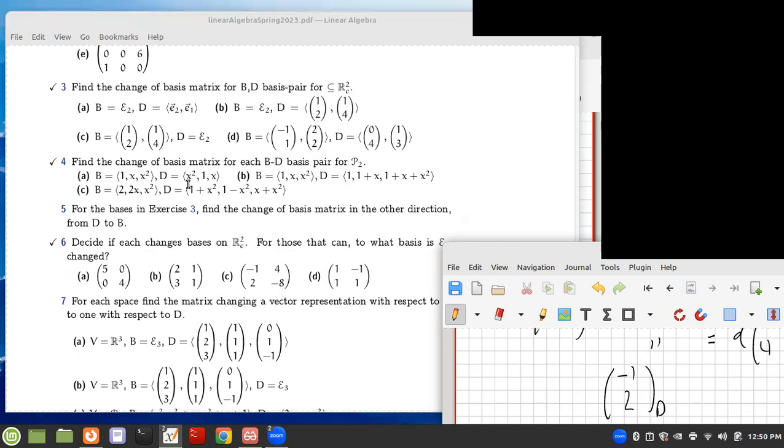So it's probably useful to find the change of basis matrix between two bases of polynomial vectors, because there's going to be a matrix that changes the representation. This is the standard basis for P2. This is a shifted, like a permuted basis.